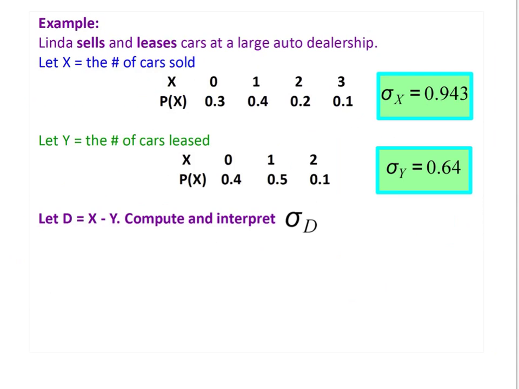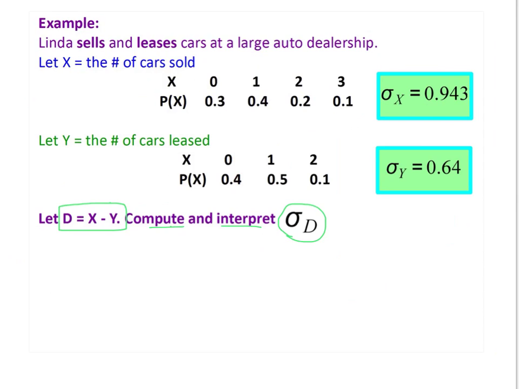So let's see what that looks like. It says Linda sells and leases cars. Same prompt. X is cars sold, Y is cars leased. And we defined D as x minus y. It says compute and interpret the standard deviation of D. Well, I already found the standard deviation of x. That was from the previous video. And I found the standard deviation of y using that same technique of the squared deviations times their probability.